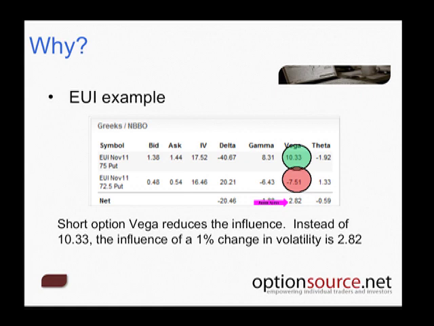In fact, we just participated and closed out a very lucrative trade on the EUI. So what we did is we bought a 70 strike call, sold the 73 strike calls, and closed that out for about, I believe, a 63% profit.